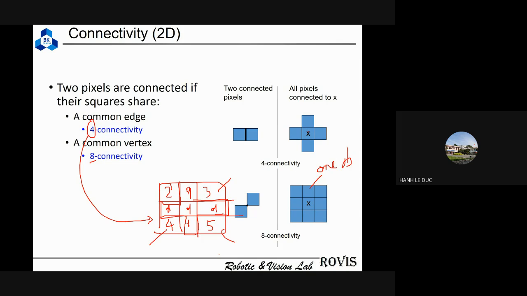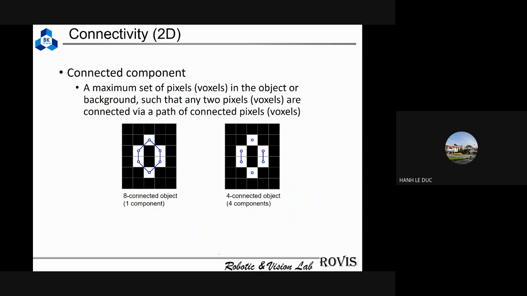Here is another example. If we use the connected component on the previous object, it will form one object. But if we use four-connected components, it will form four different objects like this. And based on this, we find how many objects are in the image.